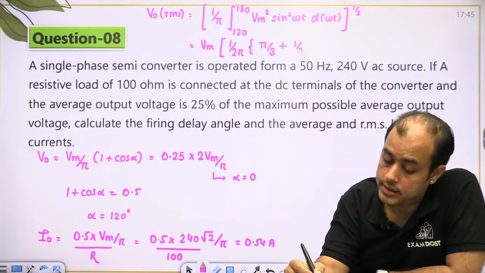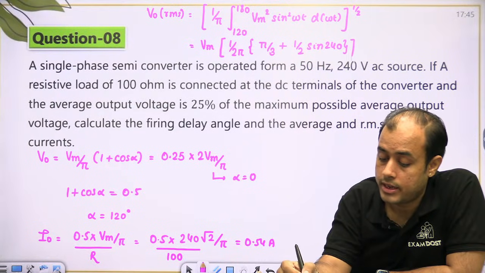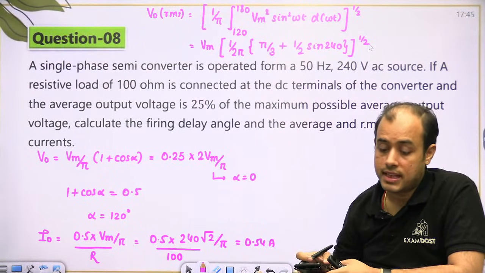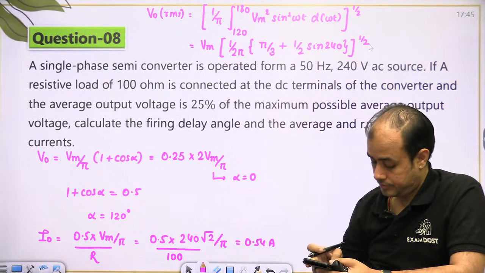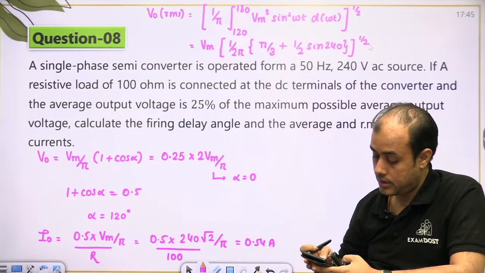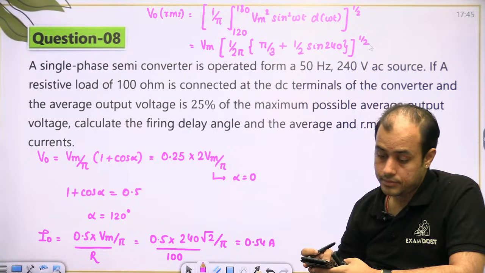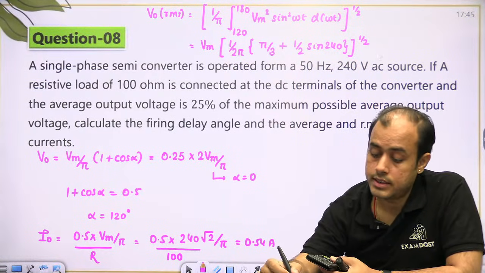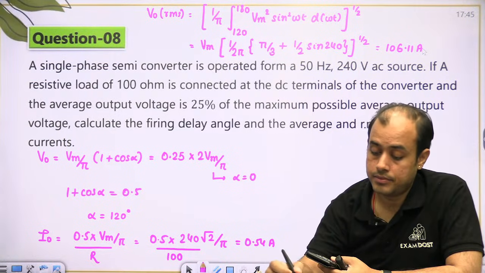Cos 2 omega t is half sine 2 omega t. ठीक है? Cos 2 omega t is half sine 2 omega t, which will be 0 at 180 because sine 360 is 0. So pi by 3 plus 0.5 sine 240 divided by 2 pi under root, answer to 240 into root 106.11. Okay.